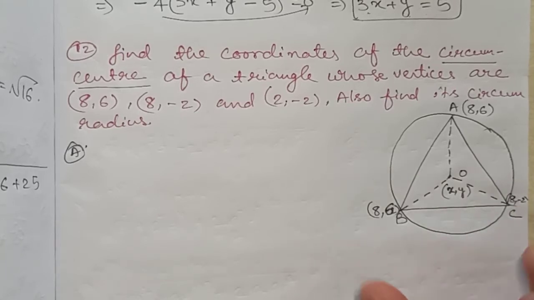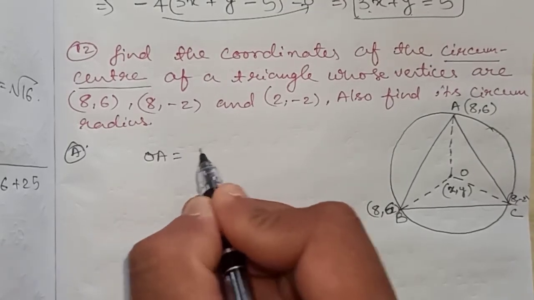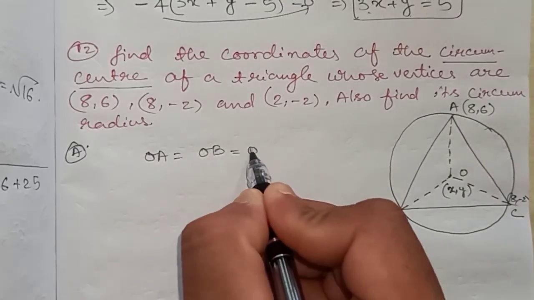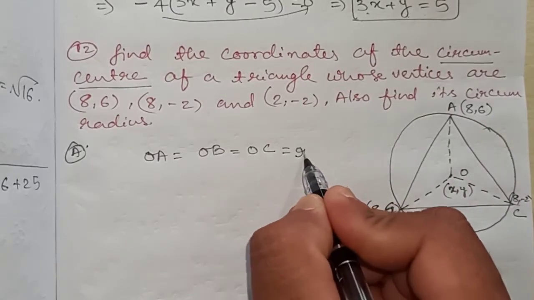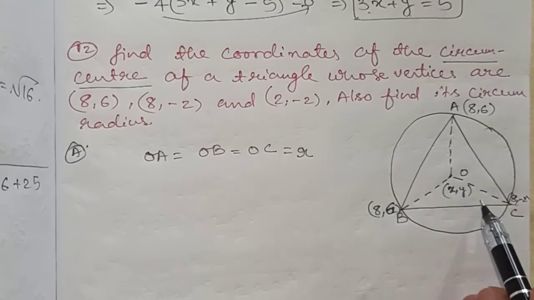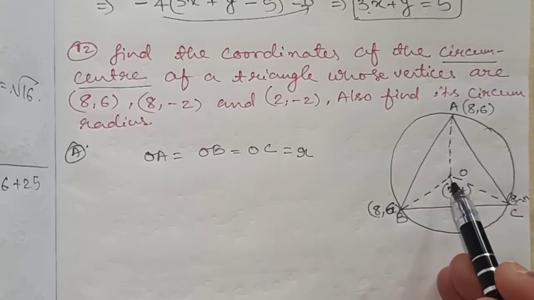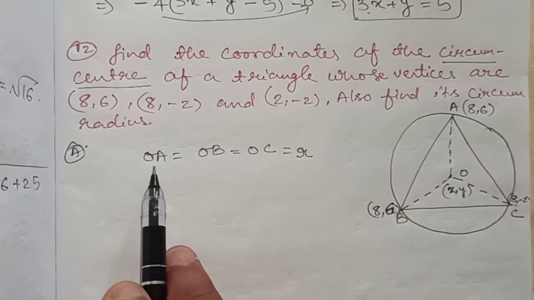So we can easily assume that OA equals OB equals OC, because all are radii. All the distances will be the same because all are radii.